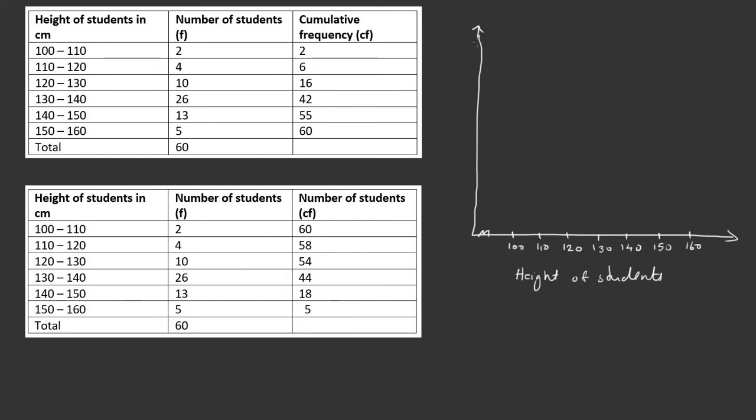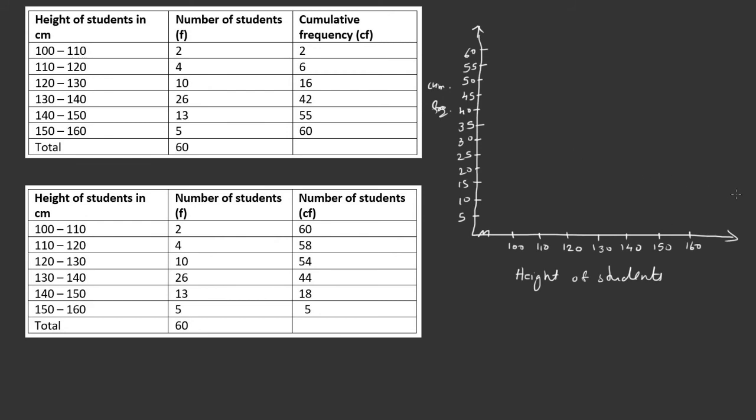Now, cumulative frequency is taken in y-axis. Choosing a convenient scale as before, 5, 10, 15, 20, 25, 30, 35, 40, 45, 50, 55 and 60.